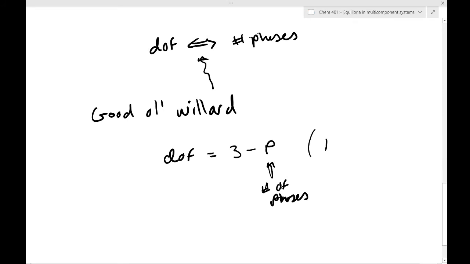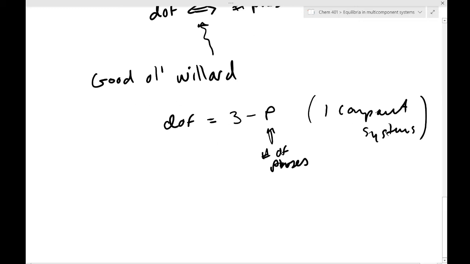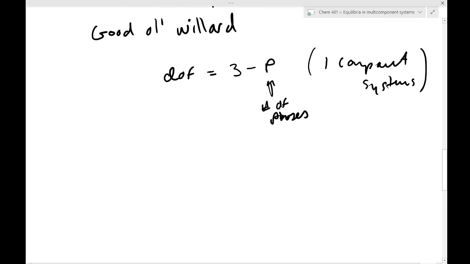This is only true for one component systems.